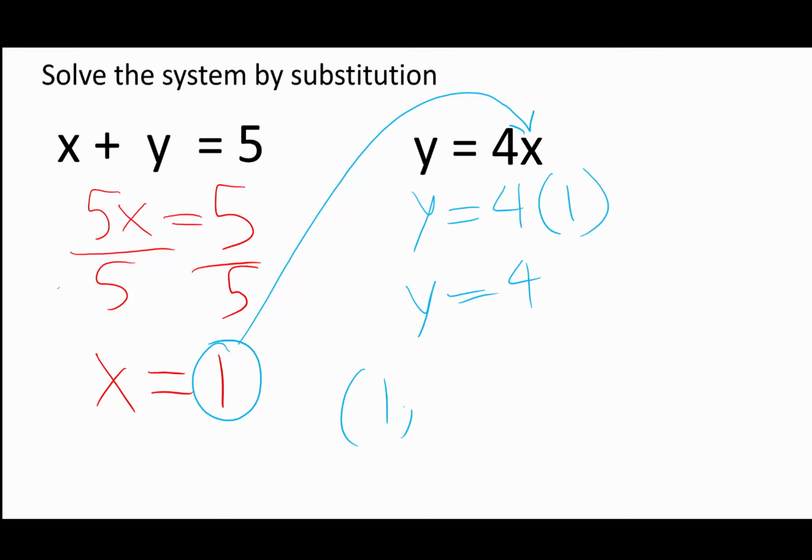So our point is 1, 4. Now, if we really want to make sure that our answer is correct, we can go back and plug back into either of our original equations and see if our answers are true. So we get 1 plus 4 is equal to 5. 1 plus 4 is 5, so therefore 5 does equal 5.